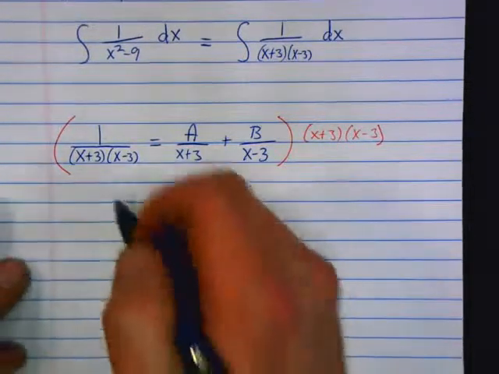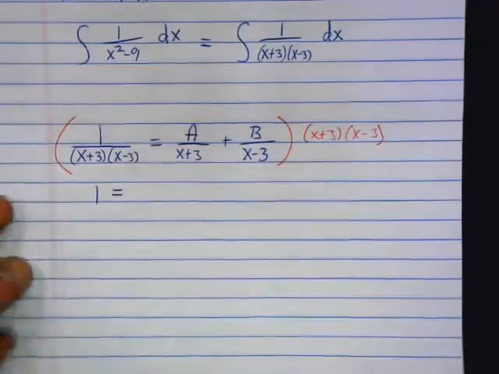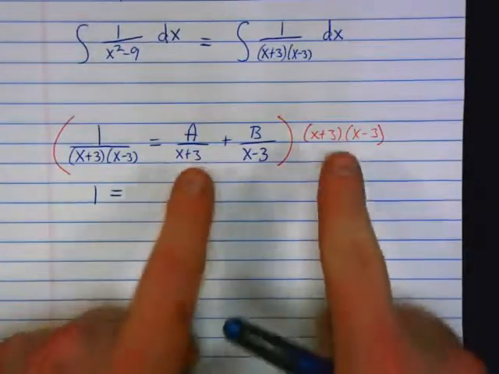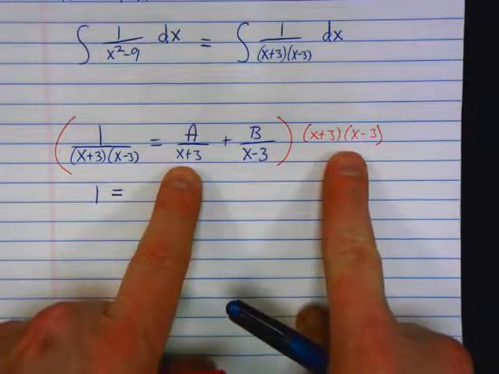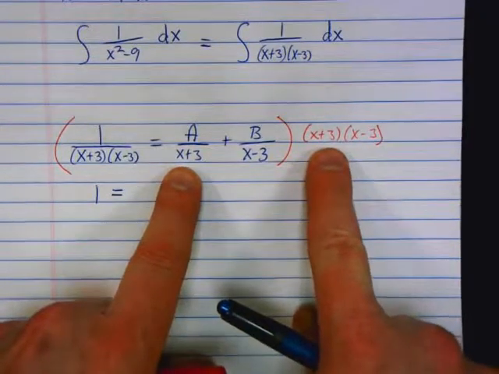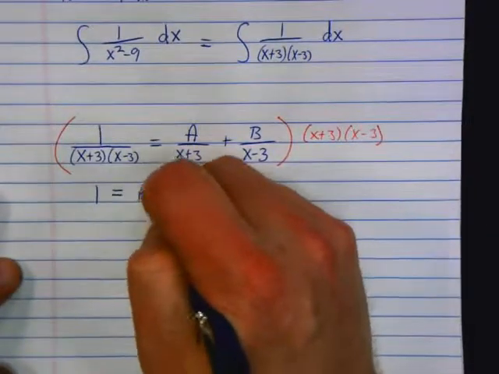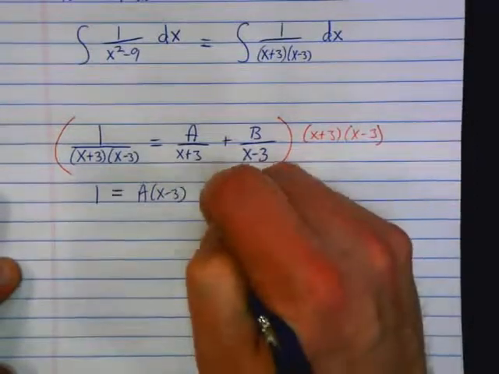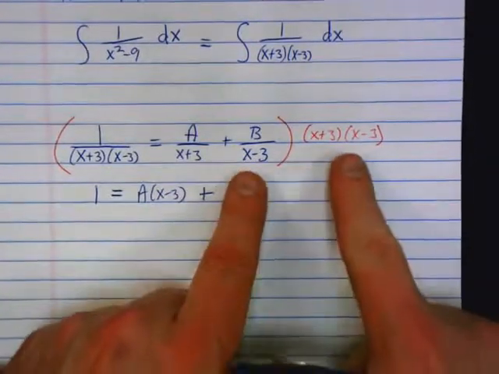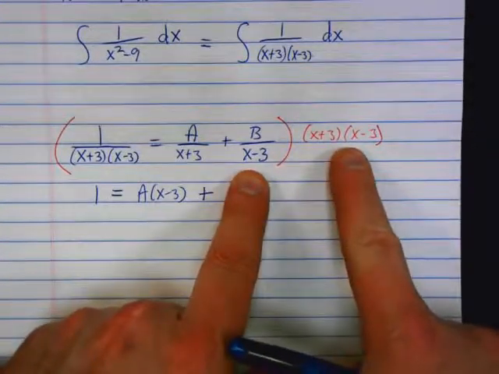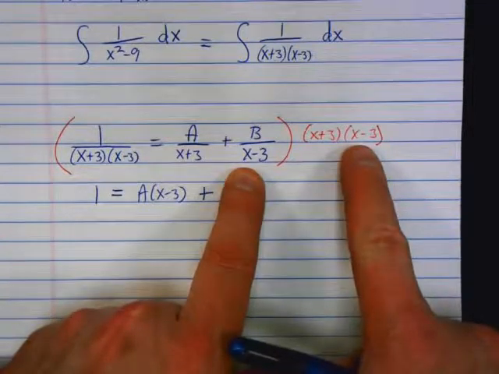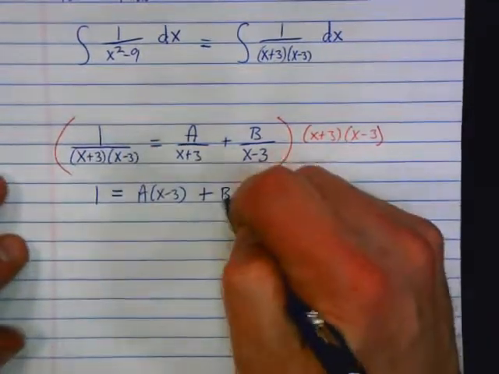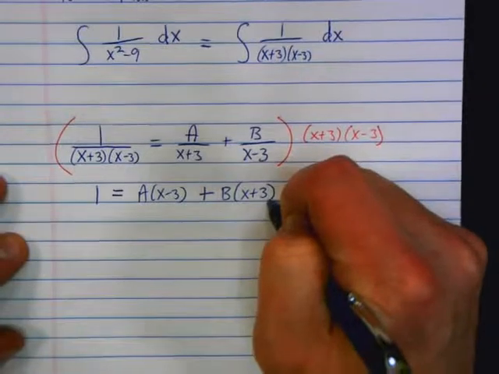I get 1. Equals. What happens here? The x plus 3's reduce out, I get A times x minus 3. Plus, what happens with this one? The x minus 3's reduce out, and I'm left with B times x plus 3.